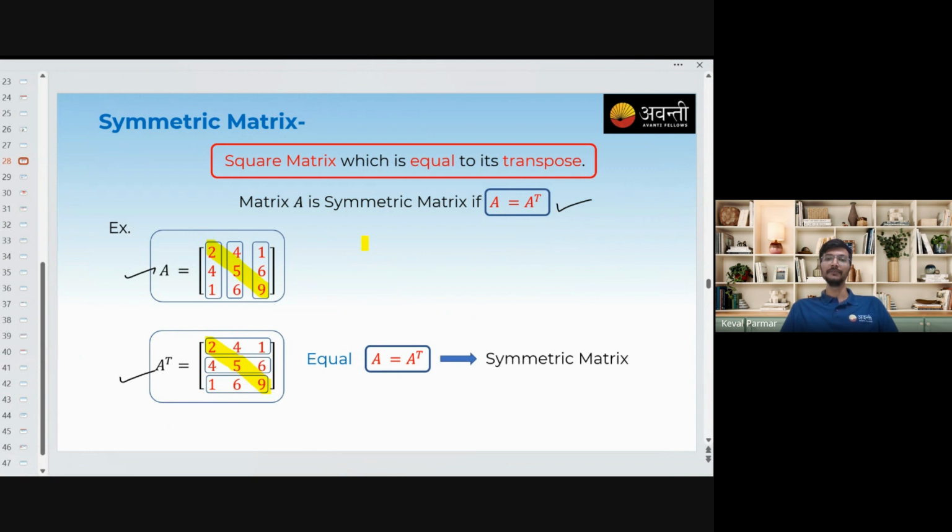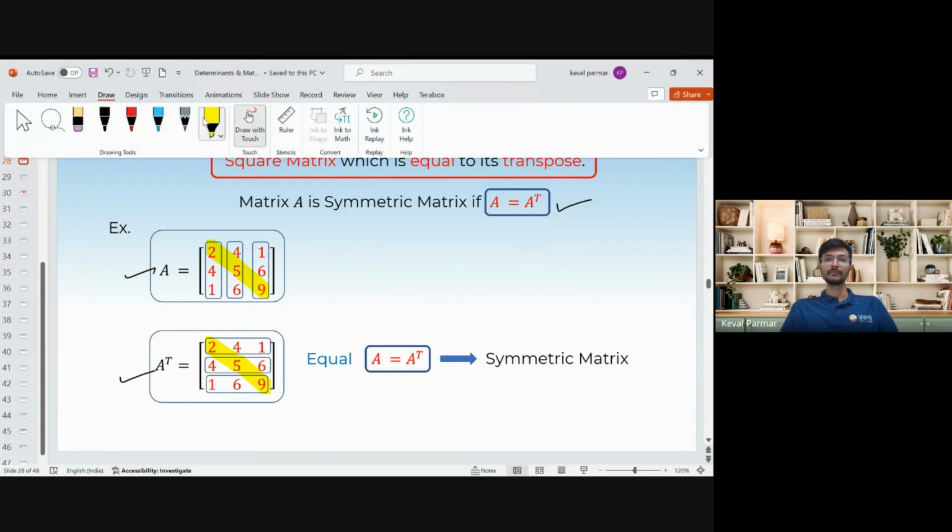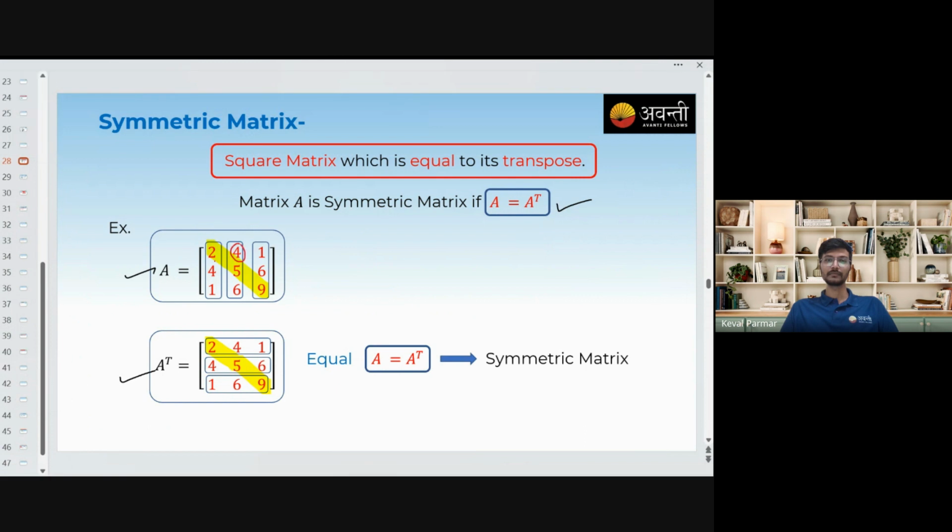And the diagonal will act as a mirror. This is the second observation we did. The diagonal elements remain the same, the diagonal acts as a mirror.